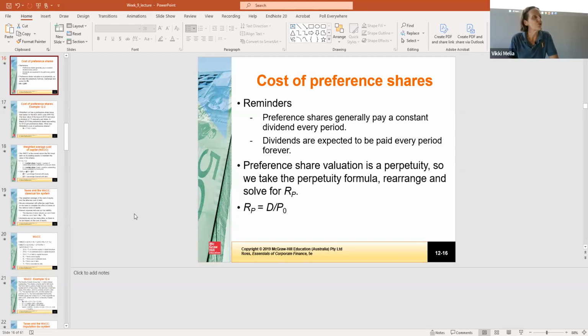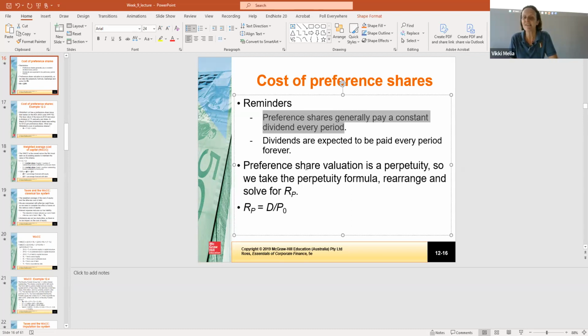So a preference share is a share that pays a fixed dividend. The dividend is usually a fixed dollar amount. And when we talked about estimating the price or the value of a preference share in week 5, the value of a preference share is the present value of the future cash flows.